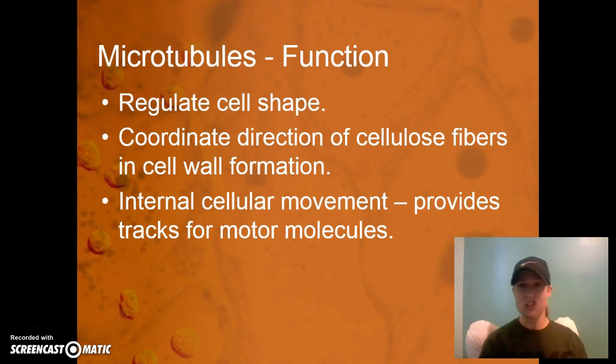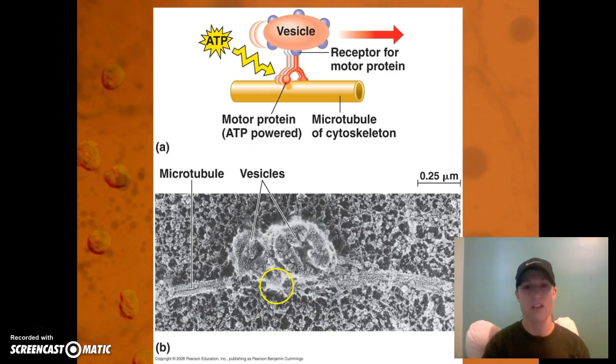But the microtubules just aren't there to provide shape. Yeah, they do provide shape. They also help with division. But here's the big part. They provide the traffic ways. They provide the roadways throughout the cell. For example, here we can see a vesicle moving along a microtubule. We'll talk about these little feet right here and how it's ATP powered. Remember, ATP is the source of energy. It's the chemical currency of energy that we all want.